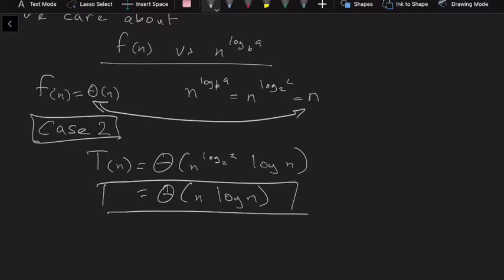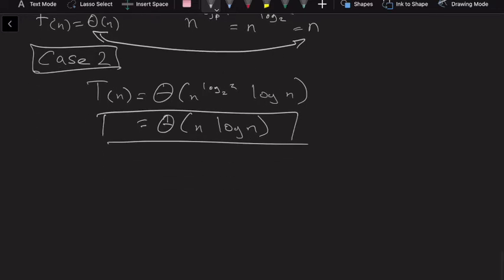So that's how we're going to be using the master theorem. That's an example, so let's do another example. Now let's say T of n is 9T(n/3) plus n.